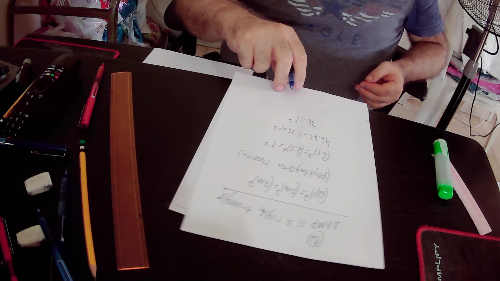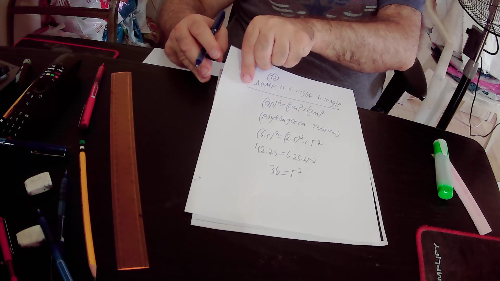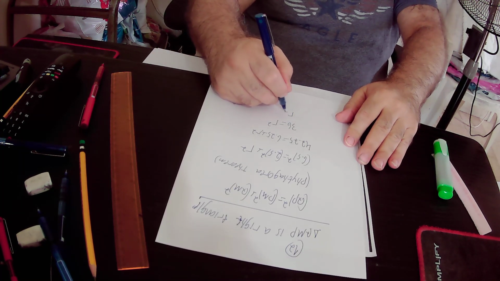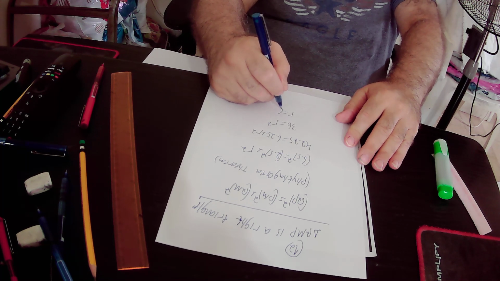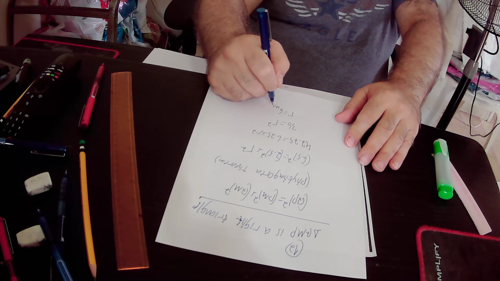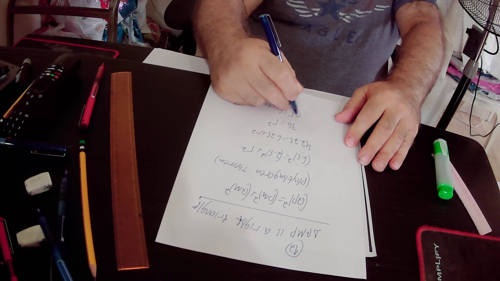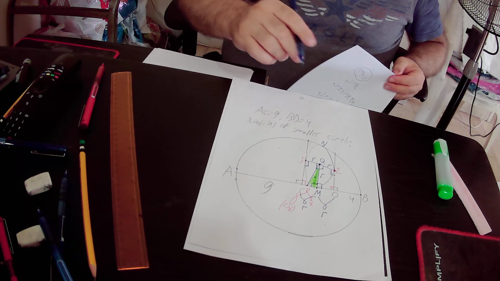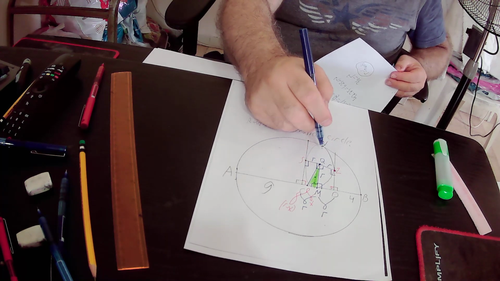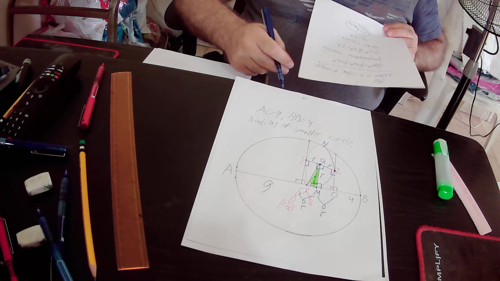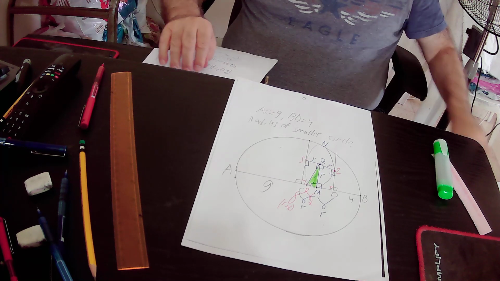Here we will take a root of this equality, and we will get that r equals the root of 36. The root of 36 is 6, so the radius of the small circle, small r, equals 6 units. So the answer to the question is that the radius of this small circle equals 6 units.